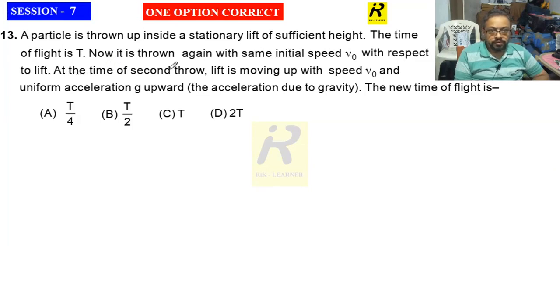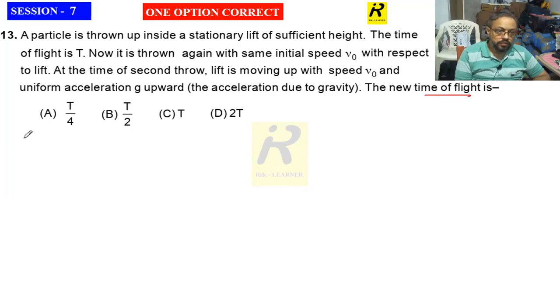At the time of the second throw, the lift is moving up with speed v0 and uniform acceleration g upwards. The acceleration of the lift upward is equal to the acceleration due to gravity. In the second situation, we have to find the time of flight.